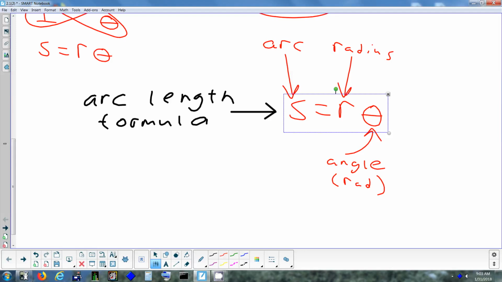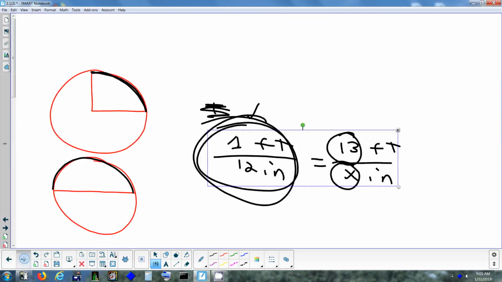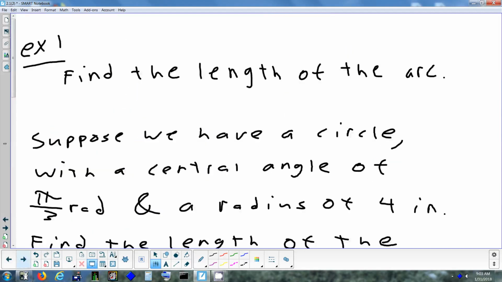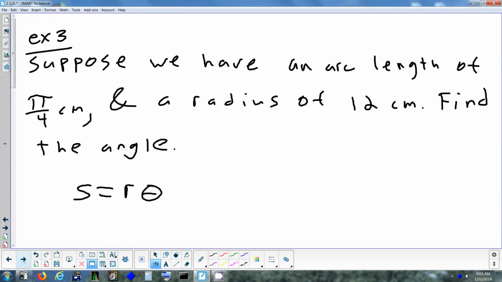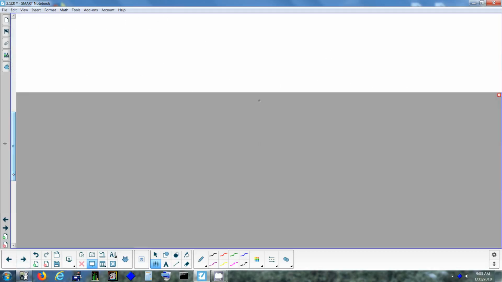So if it gives you an angle, you have to turn it into radians? If it's not already. Sometimes it will be, like in this problem. Sometimes they can give you a problem and just write out everything, or they could give you the exact same problem and really just make a sketch.